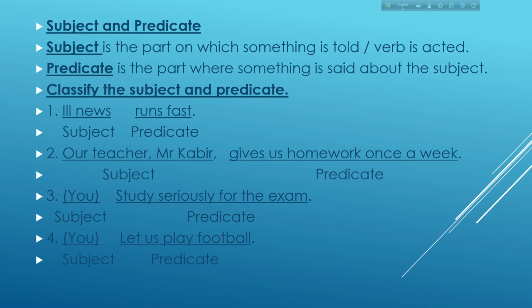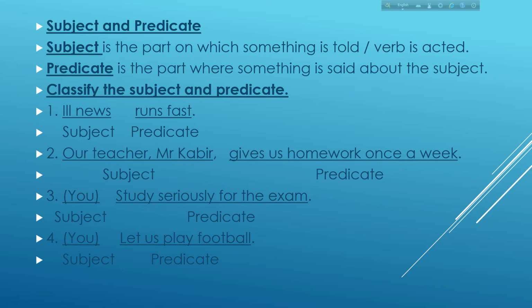So here I have given 10 sentences and I will show how we can classify the subject and the predicate. First one, ill news runs fast. Generally, subject comes first, and from the verb to the last part of the sentence it is predicate. So here ill news is actually doing the things.